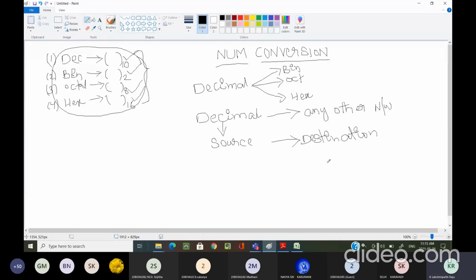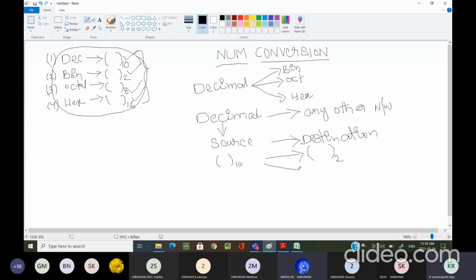Now the source is the decimal number system. If it is decimal, what is the base? 10. Now we have to clearly mention our destination number system. If I want to convert to binary, what is the base of the binary number system? 2.